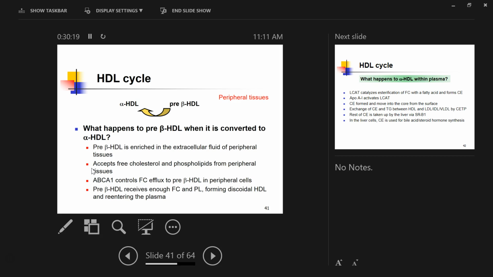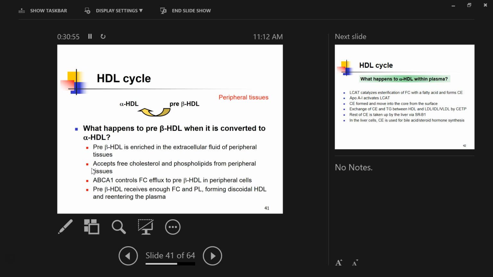And then ABC1 is an important transporter that controls the flux, the so-called efflux, of free cholesterol from peripheral tissue to beta HDL. And once beta HDL receives enough free cholesterol and phospholipids, it is converted to alpha HDL, right?